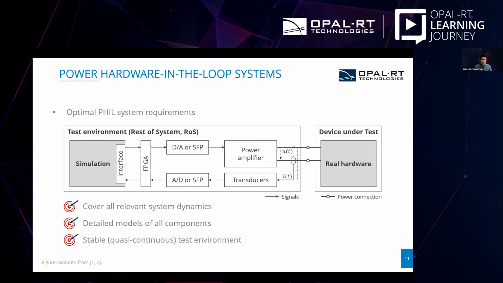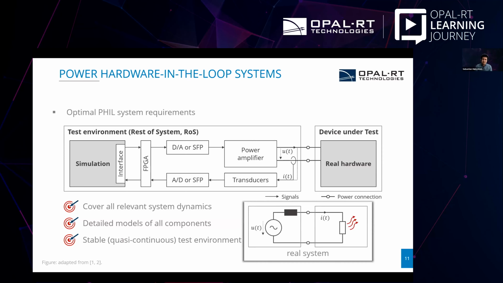And the third requirement is to have a quasi-continuous test environment, which we obviously need for interactions with a continuous environment. Here, this little word quasi actually, which represents the drawbacks of the software inherent discretization, is where the challenges of a PHIL system arise.